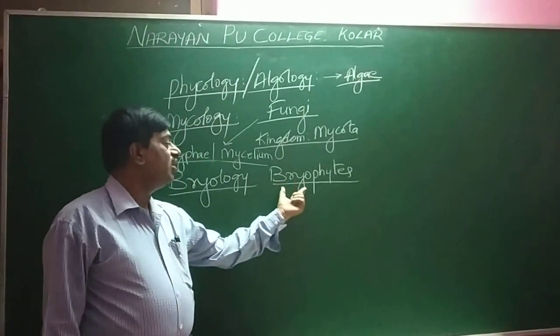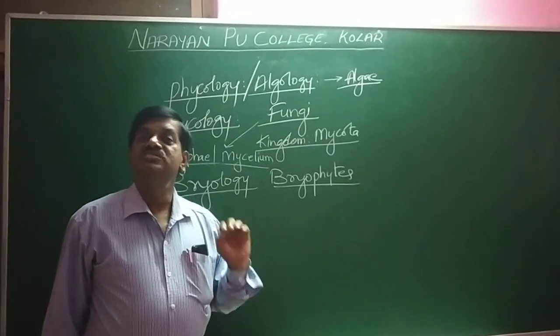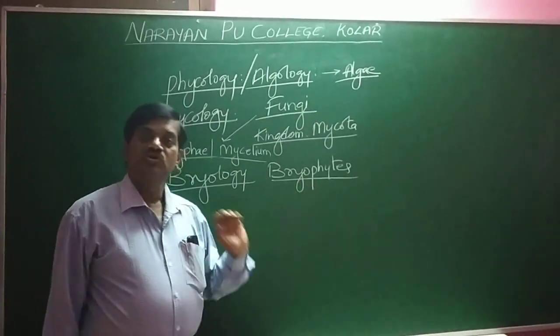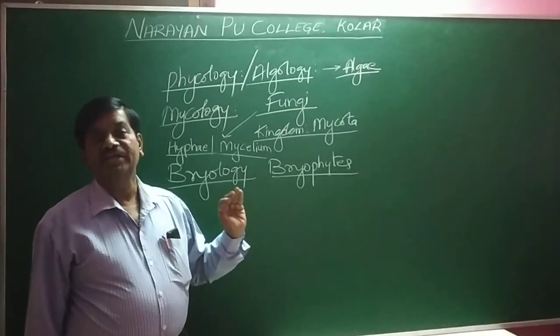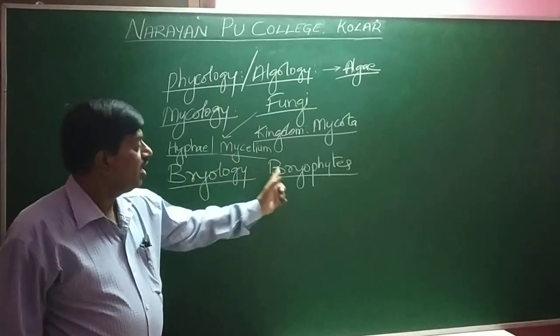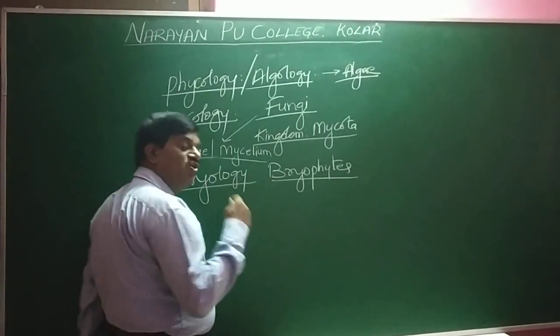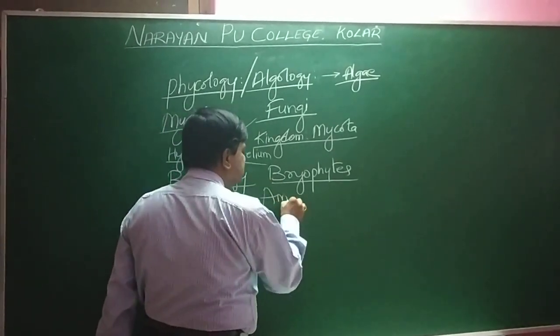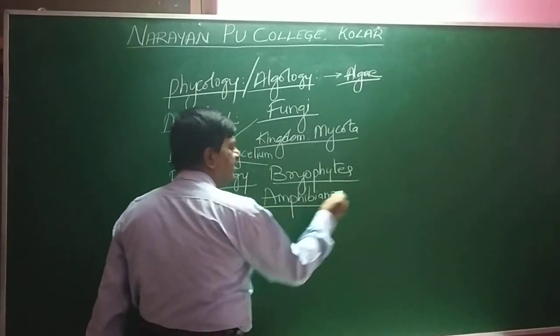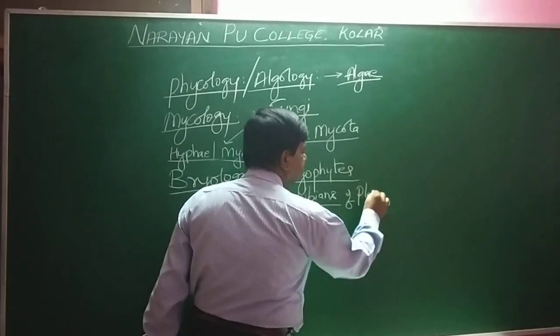The meaning of non-vascular plants is that xylem and phloem are totally absent. They do not have xylem and phloem. Conducting systems are absent, so they are called non-vascular plants. Or again, bryophytes are also called amphibians of the plant kingdom.